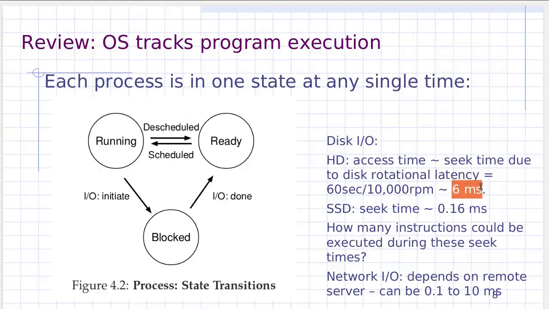That is a long time when you're talking about 3 gigahertz processors. Processors these days run at 3 gigahertz, or let's say 4 gigahertz. That's a quarter of a nanosecond per cycle. And 6 milliseconds means you could be running a lot of instructions while waiting for this disk to rotate to the right spot.